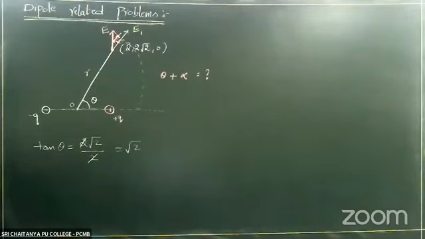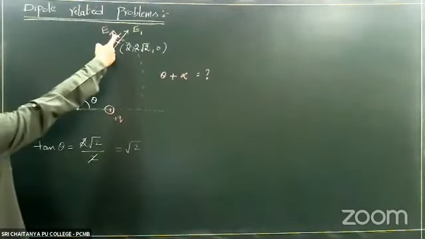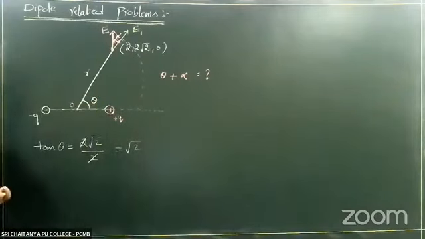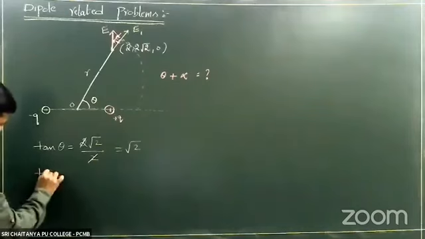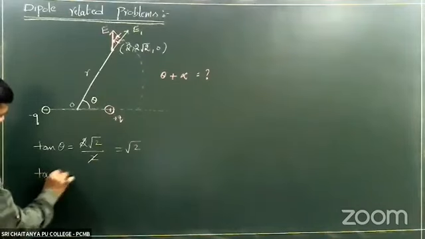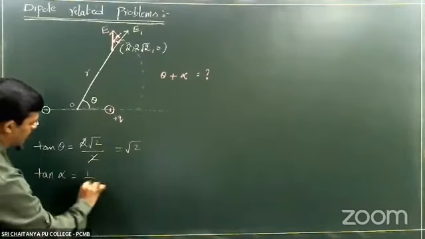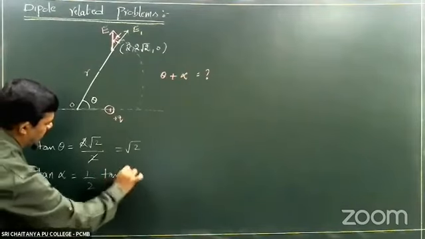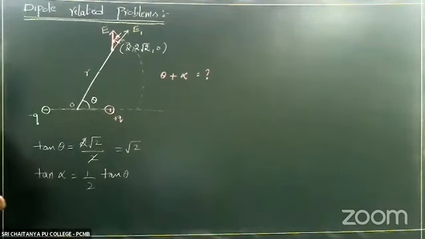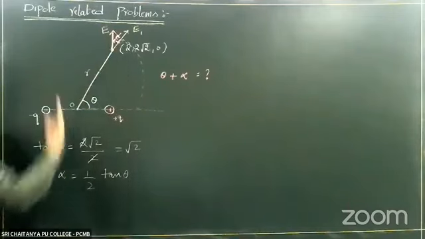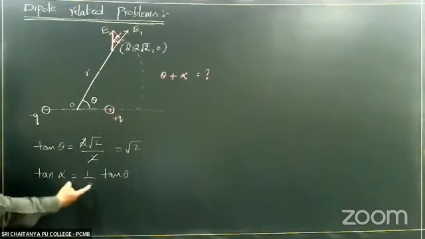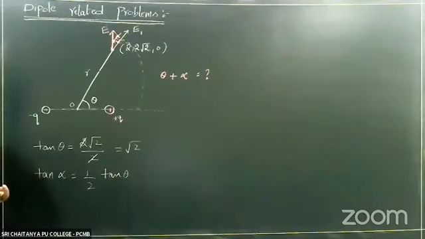And we know the relation between this alpha and this theta. Yesterday we solved it. What is it? Tan alpha is equal to half tan theta. Just go through yesterday's topic. If this is alpha, tan alpha is equal to half tan theta, right?